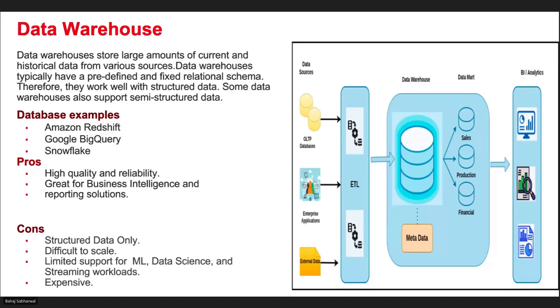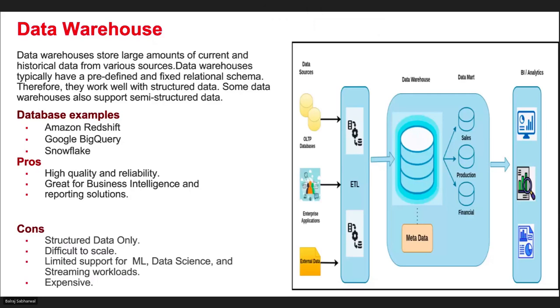But still, a data warehouse uses databases, and databases use structured and semi-structured data, so we can't deal with unstructured data. Unstructured data is any format like images, videos, or any kind of format which we want to store as data.